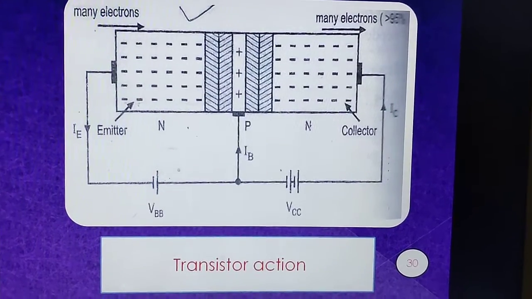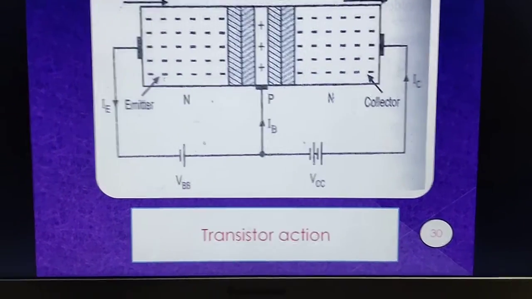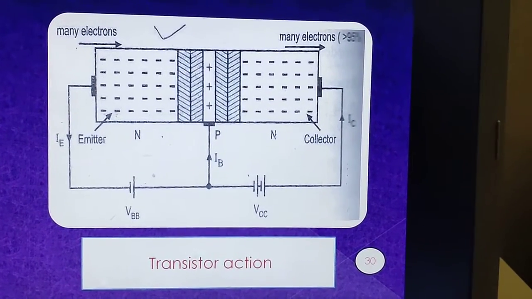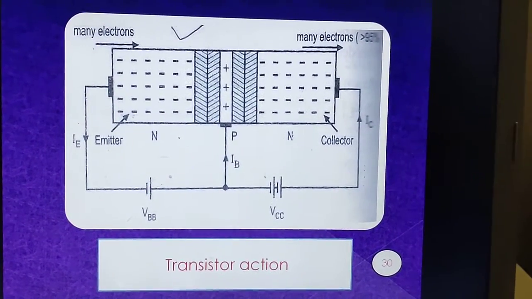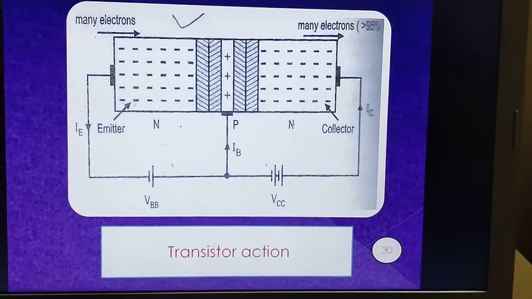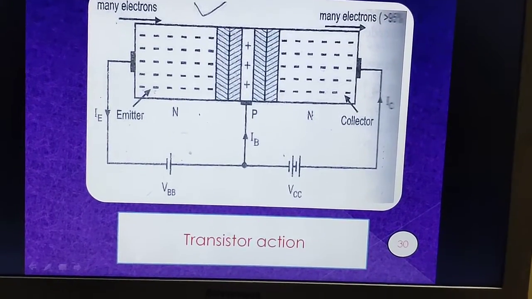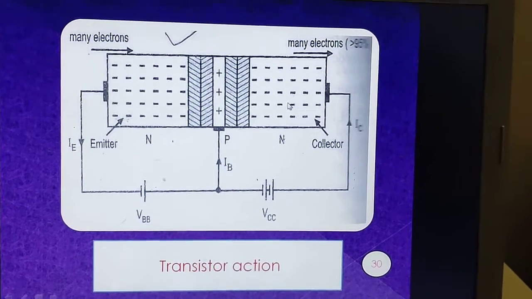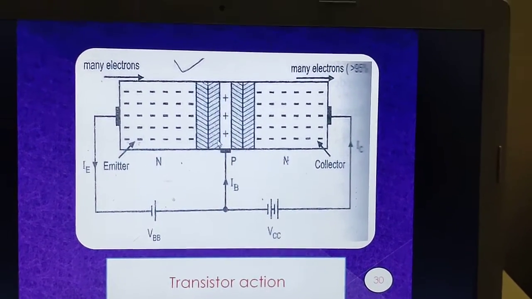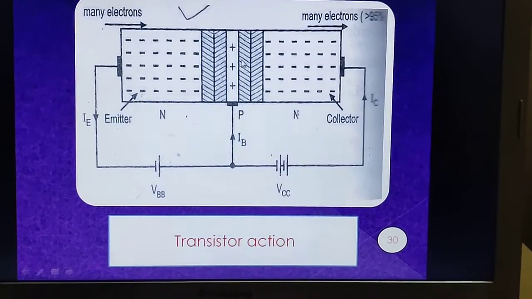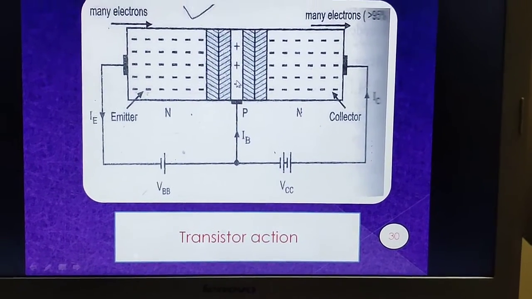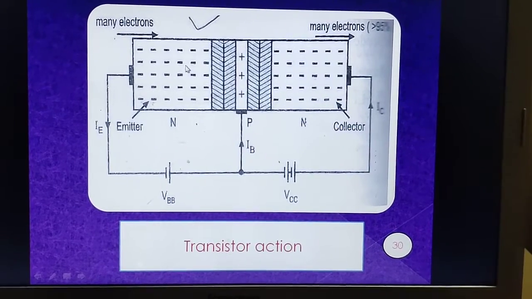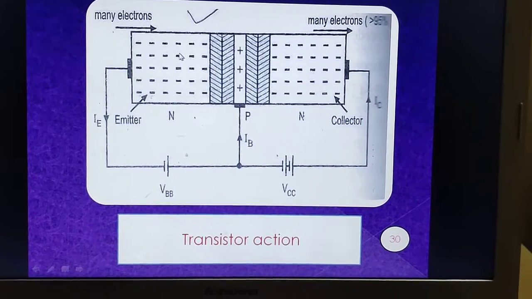We are going to study the action of a transistor. Usually this is the circuit which shows you the action of a transistor. Basically the collector, the base and the emitter, these three are doped, and the level of doping is that the base is very lightly doped, the collector is moderately doped, and the emitter is maximum doped.